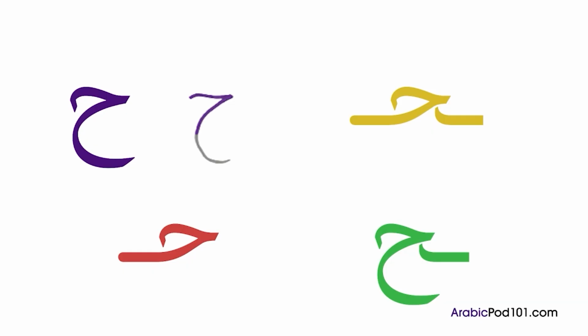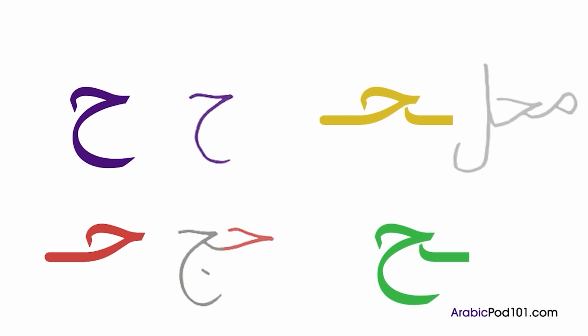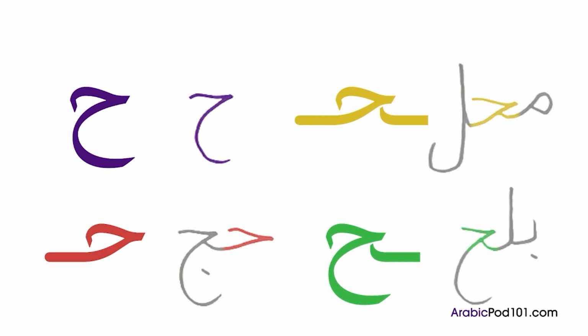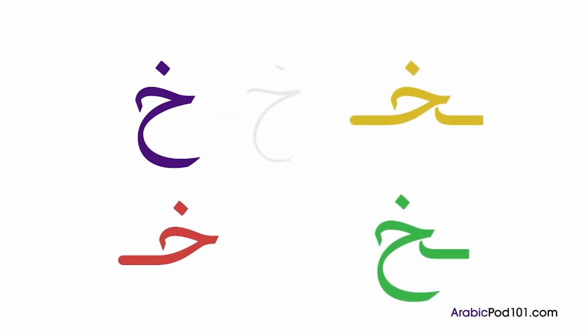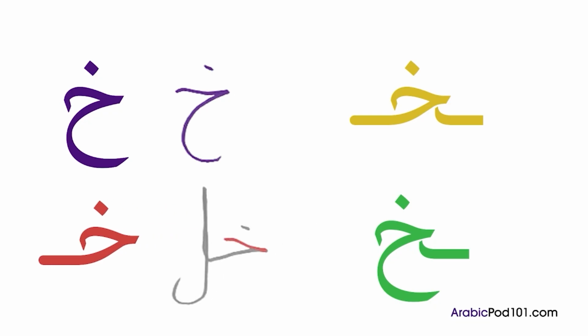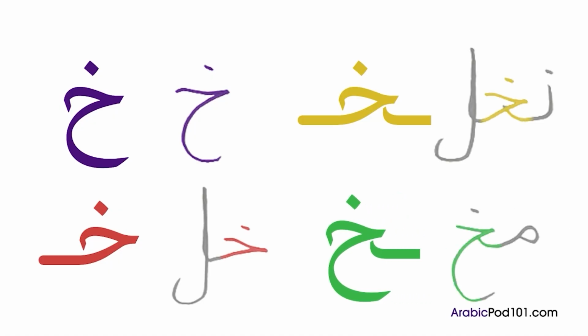Isolated, initial, medial, final. Finally, we have kha. Isolated, initial, medial, final. That's it for lesson 3.